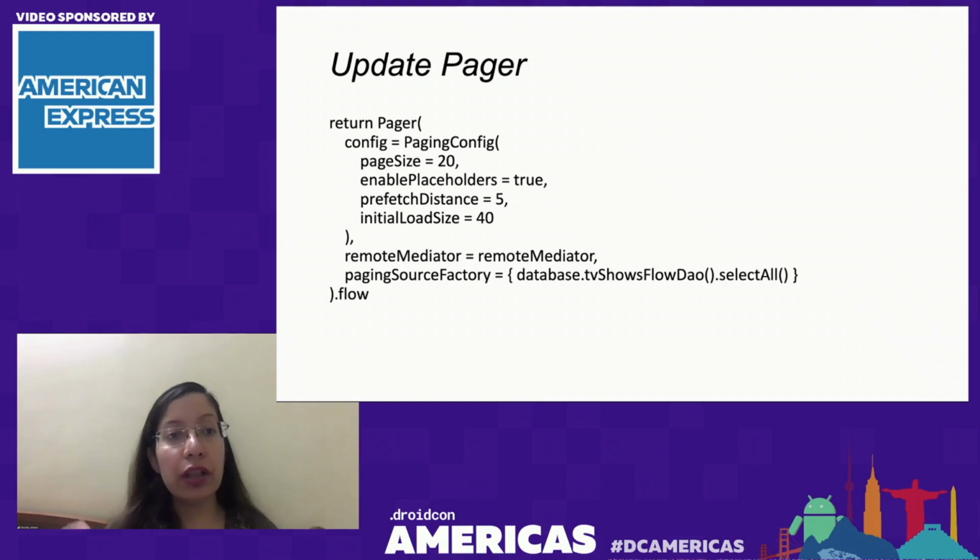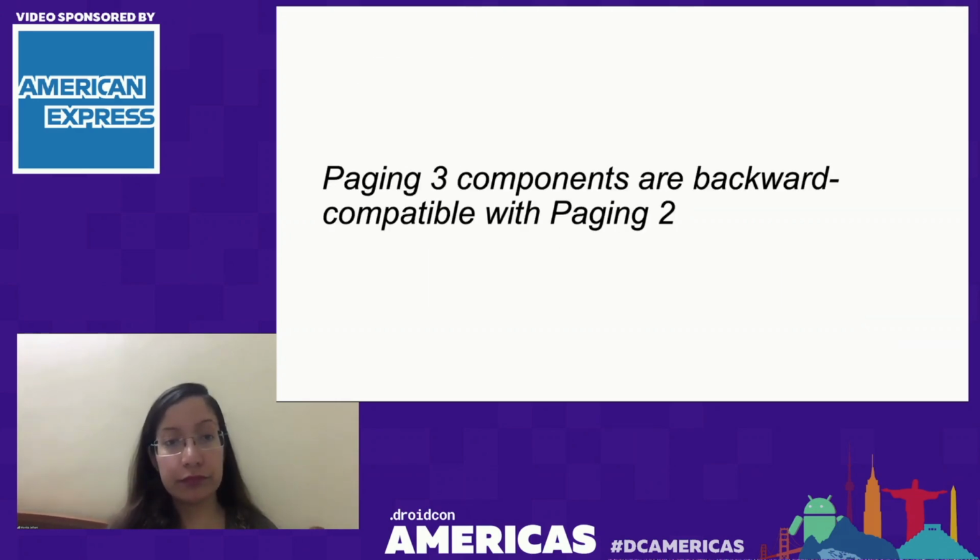When I create a Pager, I need to pass the remote mediator instance and the paging source factory instance. Also, Paging 3 components are backward compatible with Paging 2, so you can migrate incrementally.